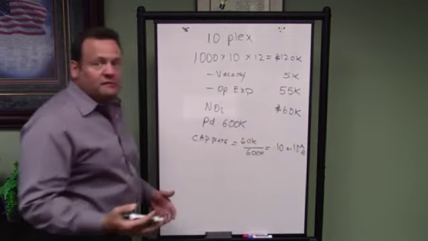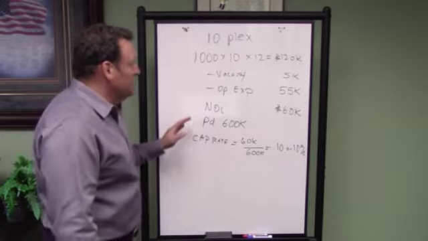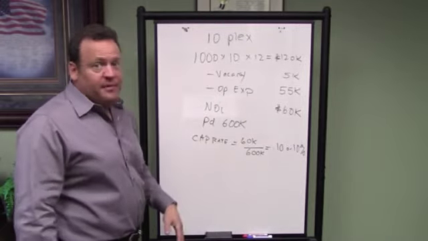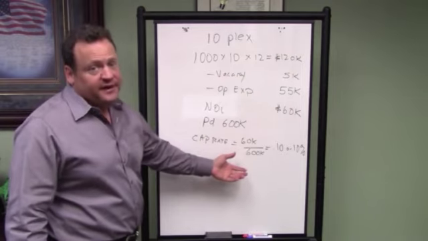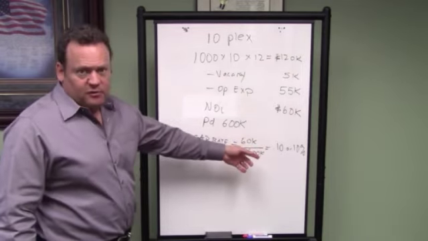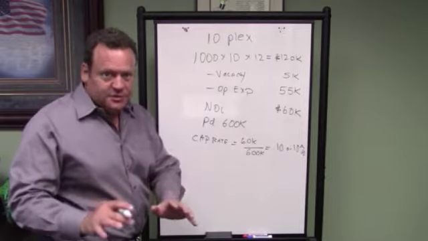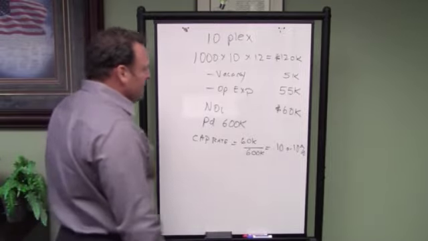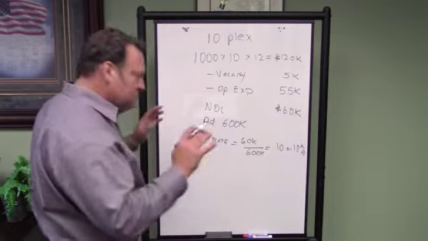Is that good? That's excellent. Now remember, it's pro forma. This is not actual. If this was actually filled up, the guy's not going to sell it for 600,000. He's going to sell it for 800,000 or 900,000, which means your cap rate would be a lot lower. We're looking at potential here, not actual. So let's say the potential could be a 10 cap. We like it.